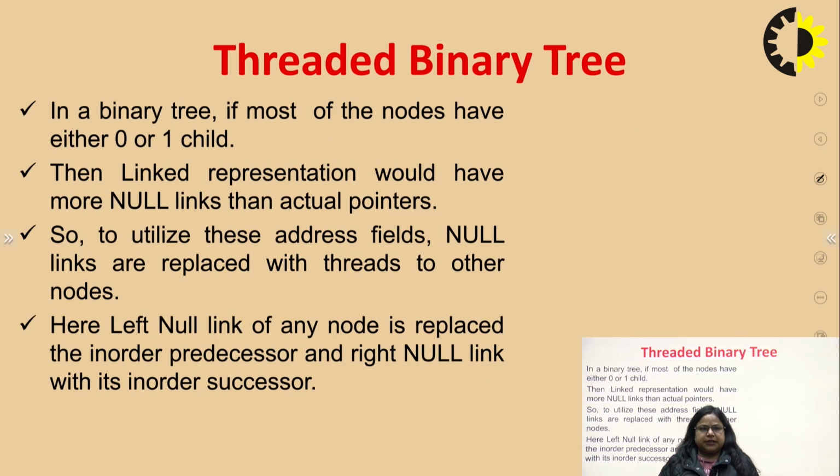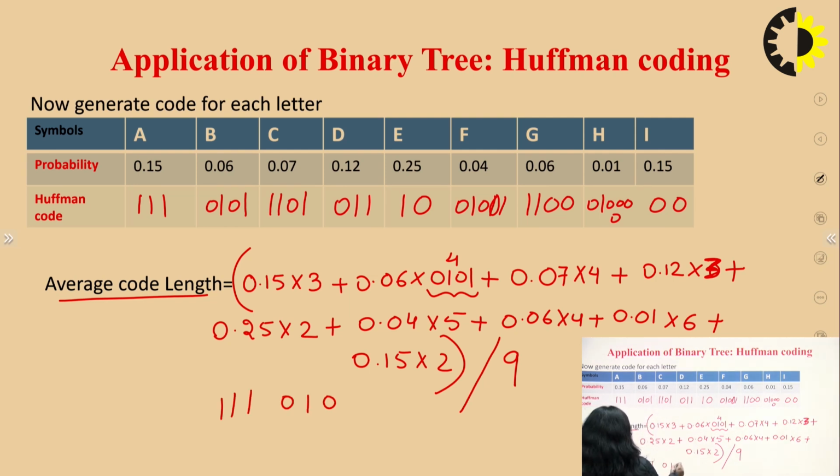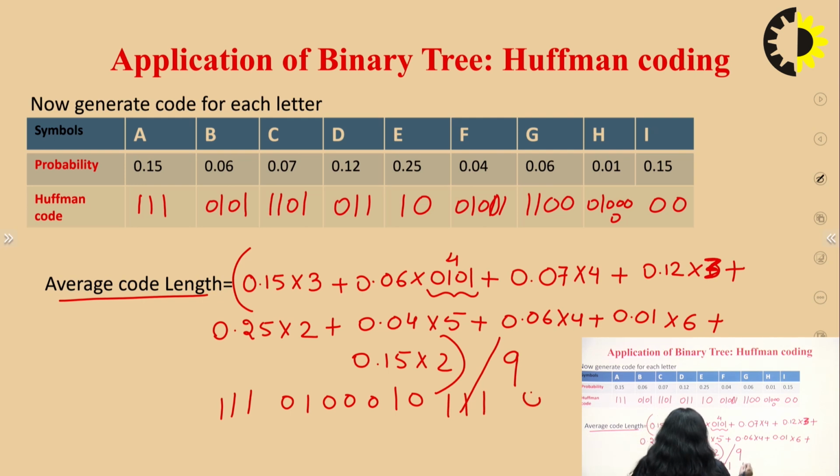Now after generating the average code length, one more question comes here. We have to decode the given message, right? If it is given in the question that we have to decode the given message, for example, they give you a particular string and ask you to decode the message.